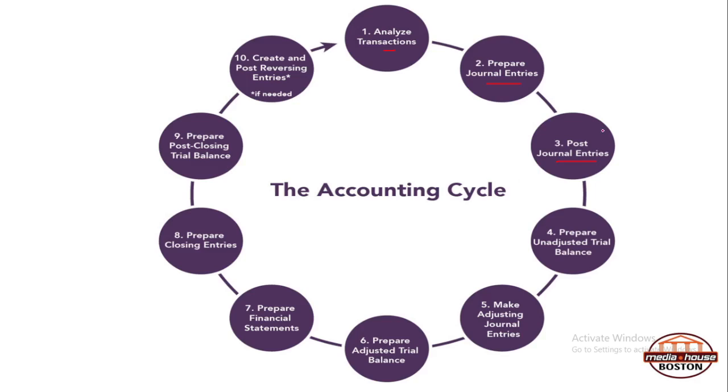So everything will be shown within the general ledger account. If it's a bank account, every transaction involving money going out and coming into the business will be posted or recorded within the general ledger.